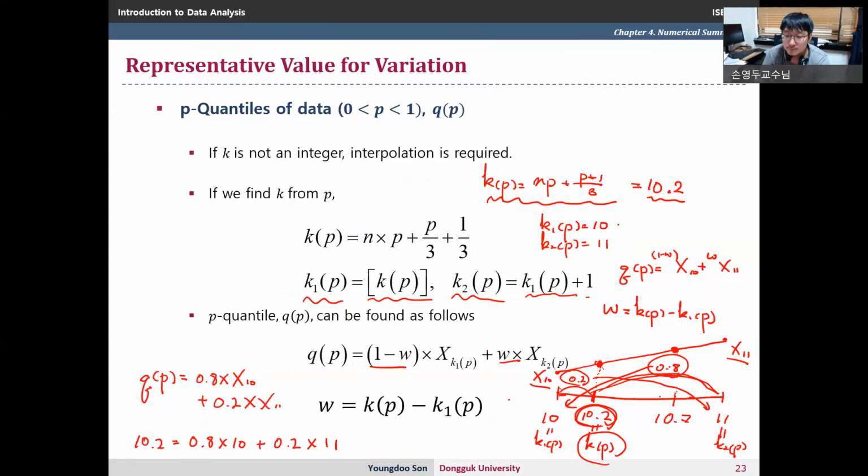So if Kp is not an integer, we can use this interpolation formula, and the weights of these values are the reversed distances from the nearest integers.